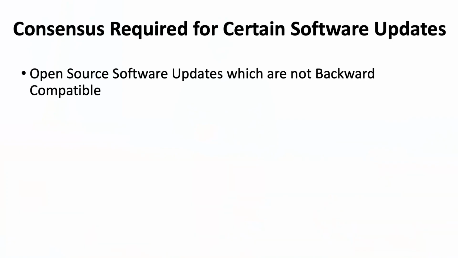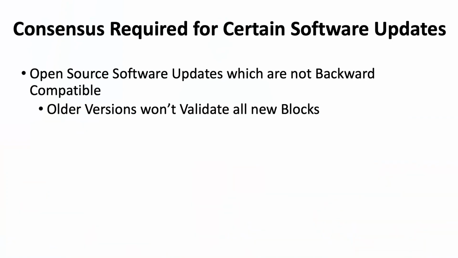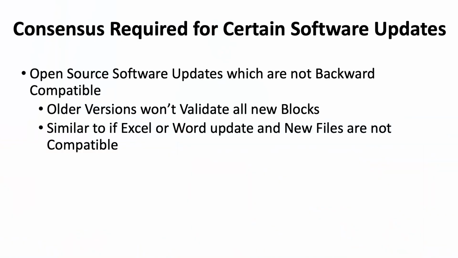The problem often happens that the older versions won't validate all the new blocks. I'm simplifying again. Think of Excel, and you get that update on Excel, or Word for Windows, and you can't open your old files. It's a rough lay definition of what this issue is.